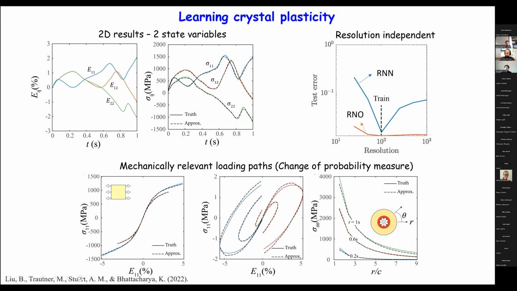An additional benefit of training using this function space method is that, for example, here we have our train resolution, where we train this approximator with resolution 100, and then we test it with all the different resolutions. You can see that the recurrent neural operator has a very benign behavior when we increase or decrease our test resolution.